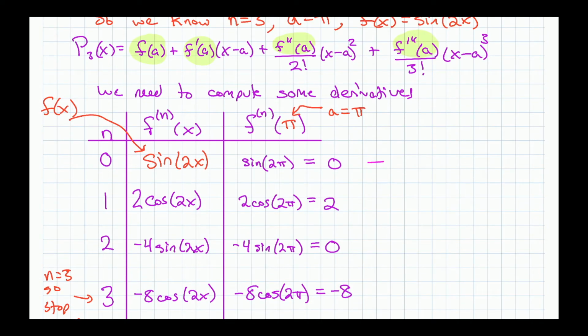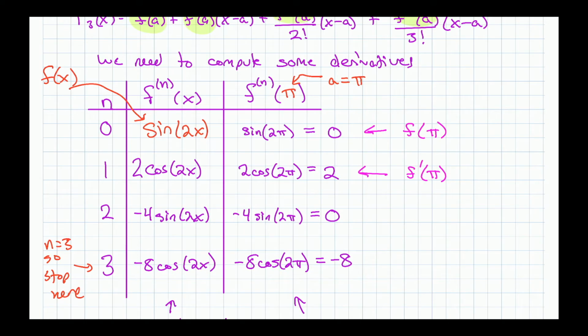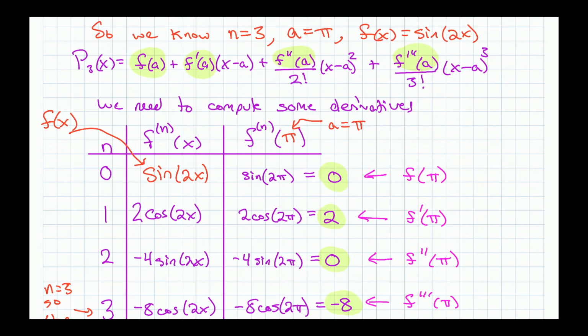So this right here is the f of pi, and this right here is the f prime of pi, which we need. This right here is the f double prime of pi. And this right here is the f triple prime of pi. And so these 4 numbers that we calculated here are the same as the 4 highlighted things up there in P3.